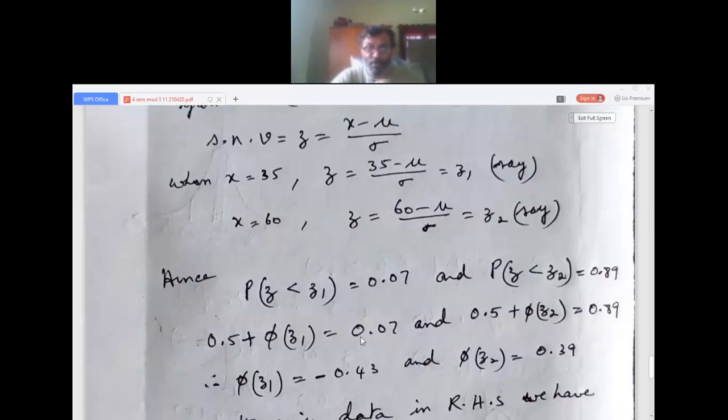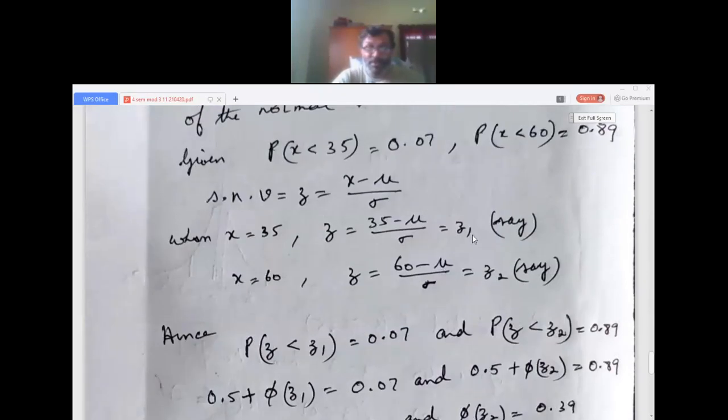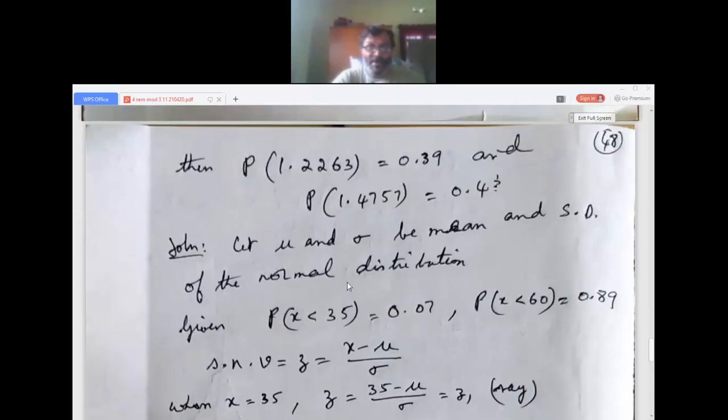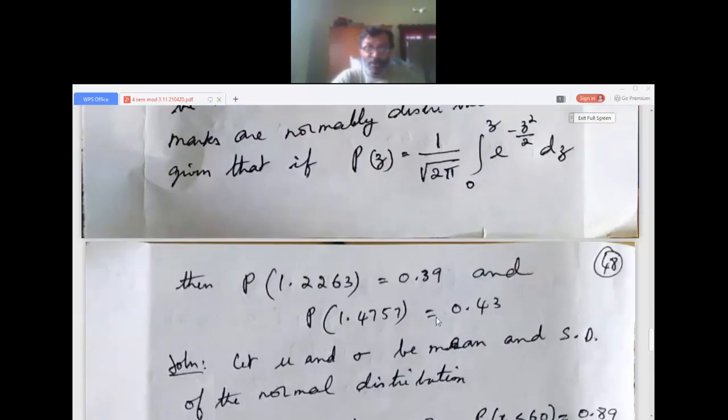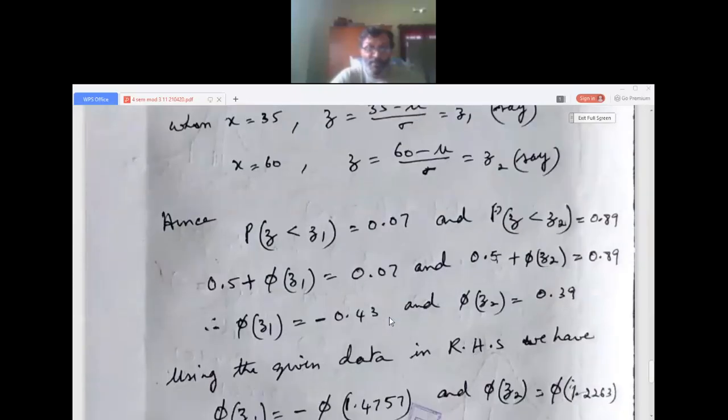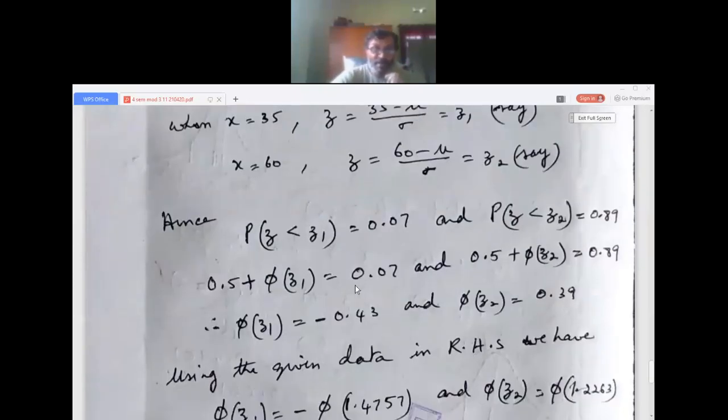Now we use what is given in the question: phi of Z1 is minus 0.43 and phi of Z2 is 0.39. Why? Because phi of Z1 is 0.07 minus 0.5, that is minus 0.43, and from here phi of Z2 is this.